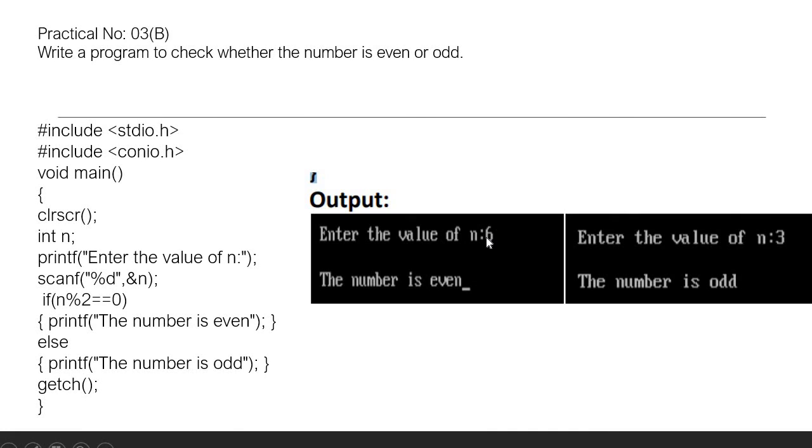If you divide number 6 by 2, of course the remainder will be 0, so that's why it is printing the number is even. In the next output, I have entered the value 3 for the n variable. If you divide number 3 by 2, you will get the remainder 1, so that's why it is printing the number is odd.